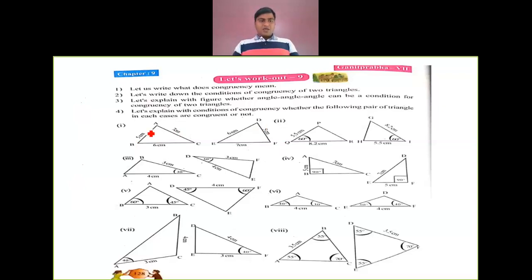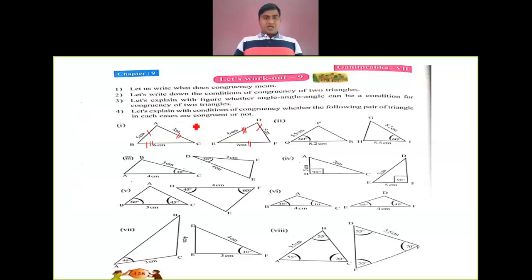So AB equals DF, and the side AC equals 7 centimeter and EF equals 7 centimeter, and the side BC equals 6 centimeter and DE equals 6 centimeter. So three corresponding sides are equal: side AB equals side DF, side AC equals side EF, and side BC equals side DE.